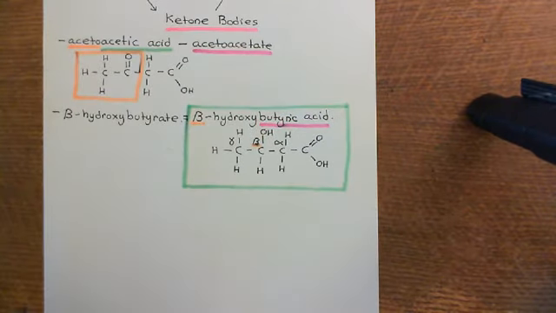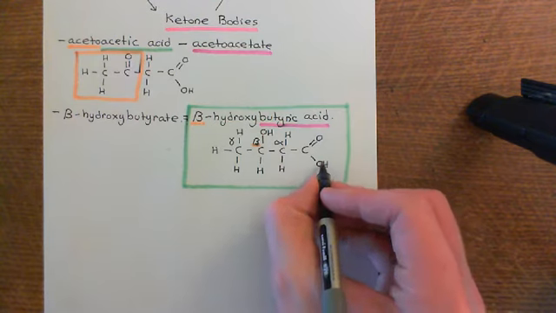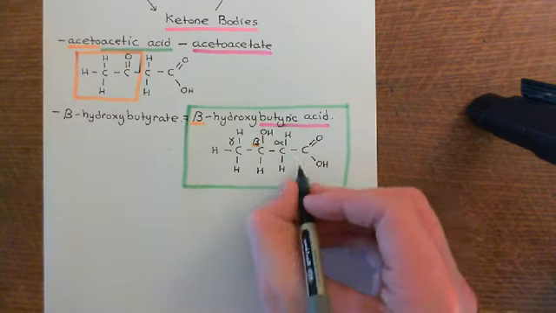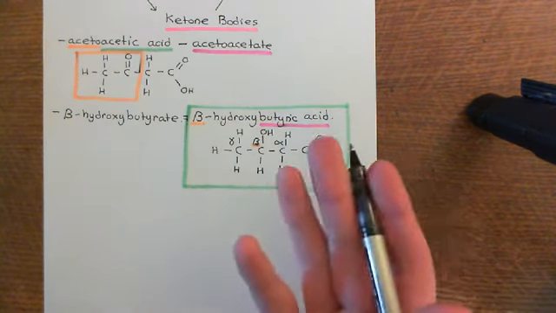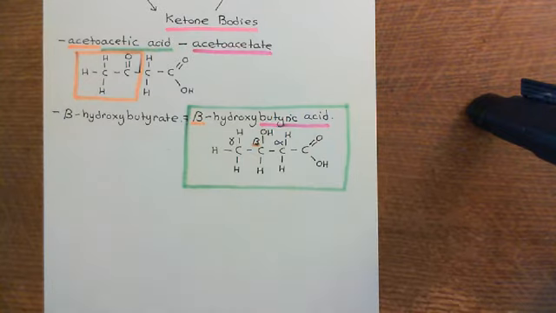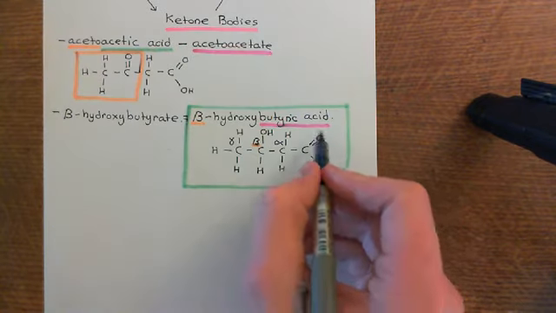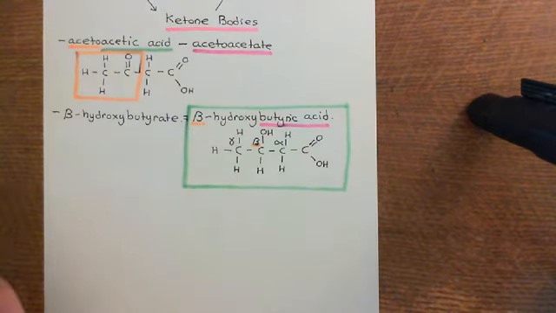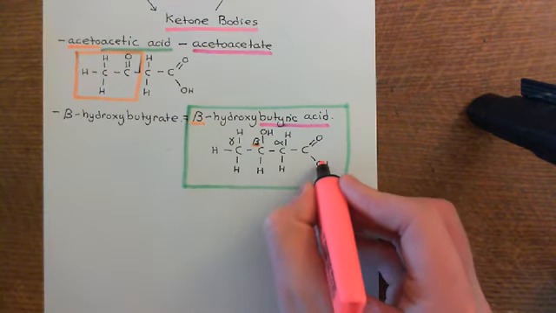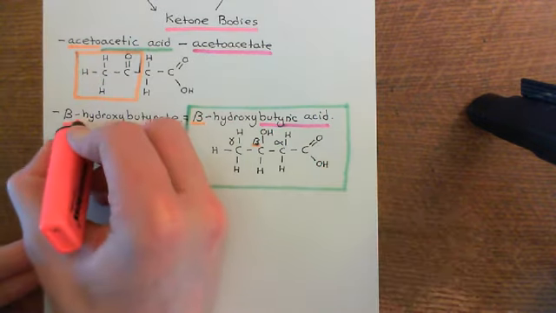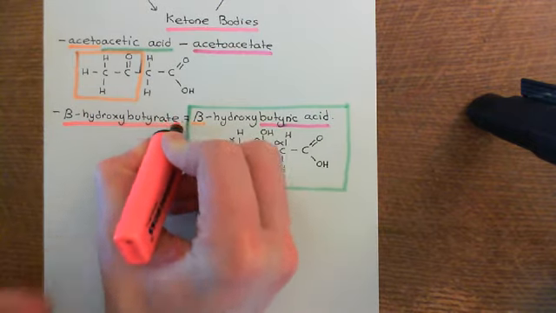Now again, the proton of the carboxylic acid group can dissociate, and when it does, that will go off into solution, and the molecule left over will contain an oxygen here with a negative charge, and that is what is meant by beta-hydroxybutyrate.